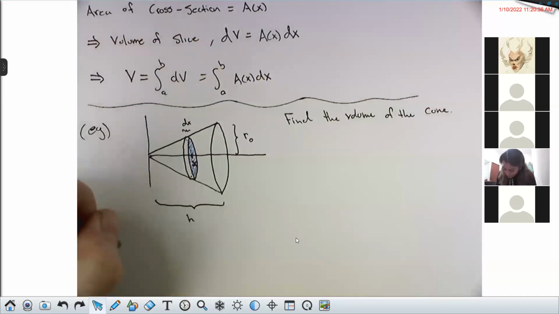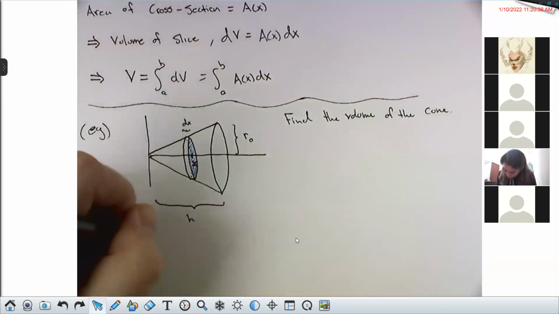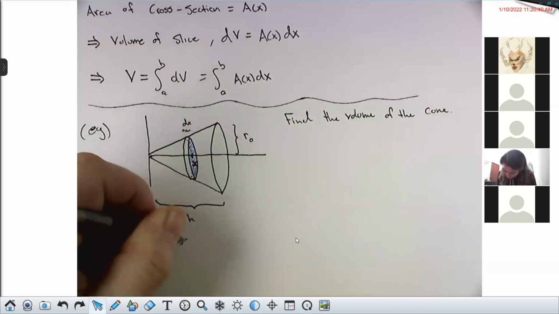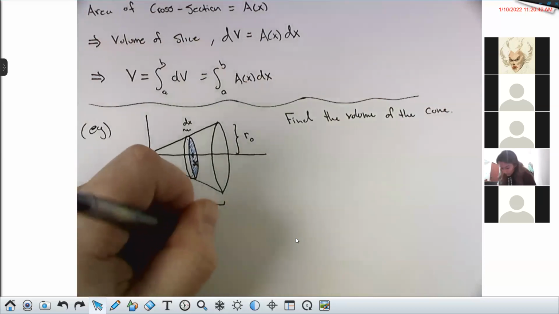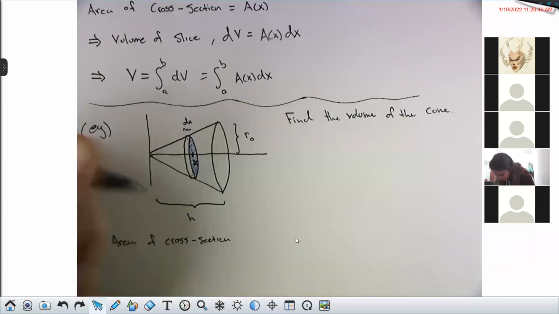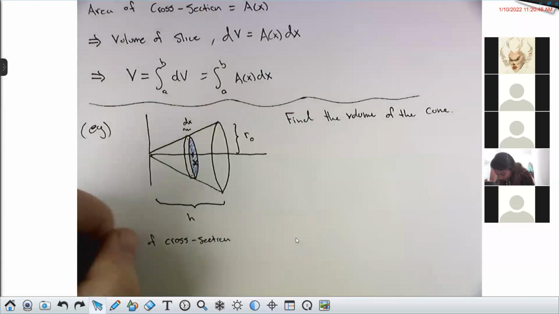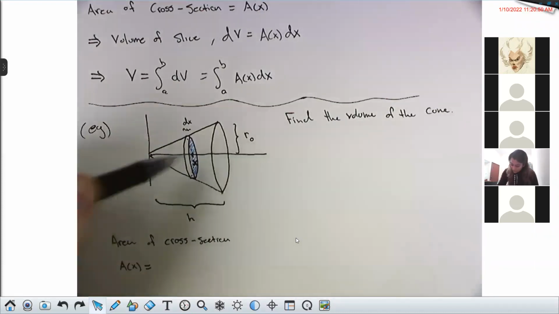So the area of the cross-section, it's the thing that we call A of x up there. This cross-section is a circle, right?